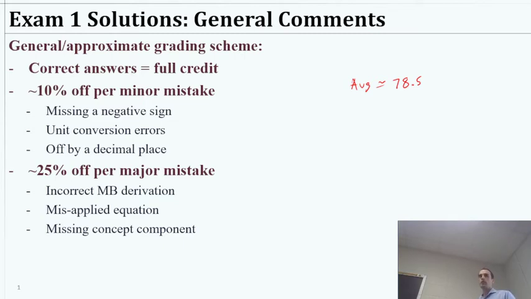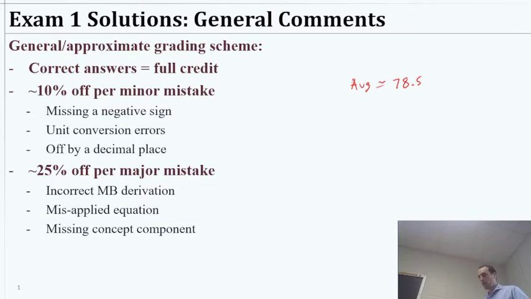If it was a more major mistake where I could tell you got a concept wrong, you thought you needed to use a batch reactor, but really you needed a CSTR, that was about 25% off per major mistake like that. And that's sort of rough, depends on how I arrange the points.